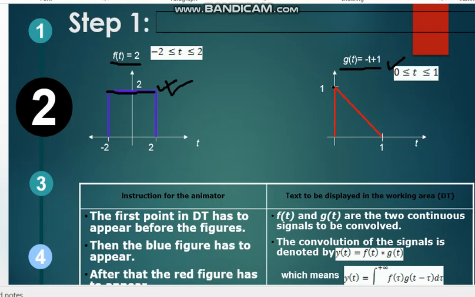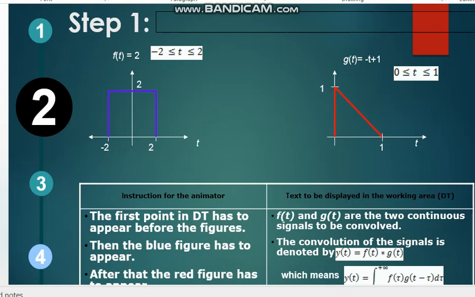If you put 1 here, it will be 0 at 1. If you put 0.5 here, minus half plus 1 means plus half. So this equation governs, and we will get this kind of figure and graph. That is the mathematical expression we have to work with.